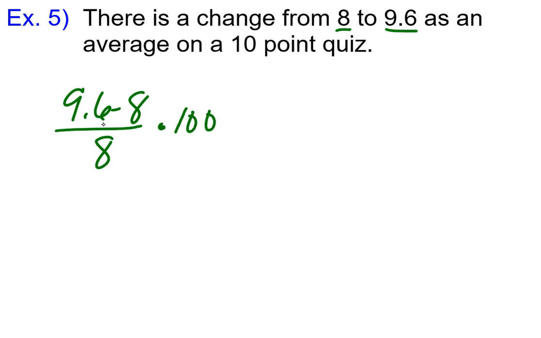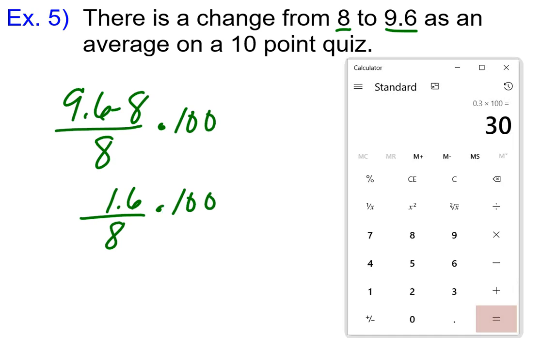Now if I have 9 and 6/10 and I take away 8, I'm left with 1 and 6/10 divided by 8 times 100. I'm going to bring up my calculator, clear it out. 1 and 6/10, I'm going to divide that by 8, and then I'm going to multiply that by 100. And here I have 20.